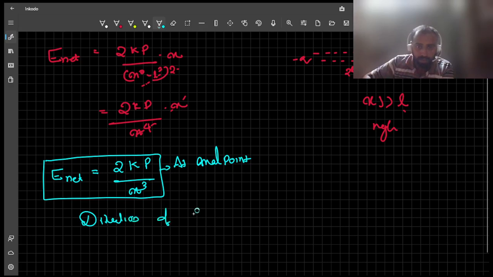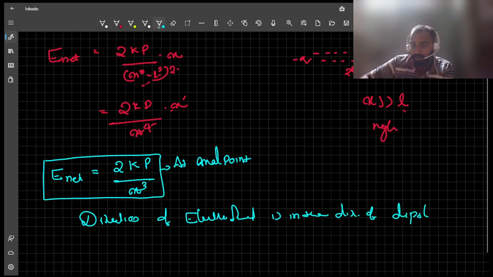The direction of electric field is in the direction of the dipole. Is that clear?